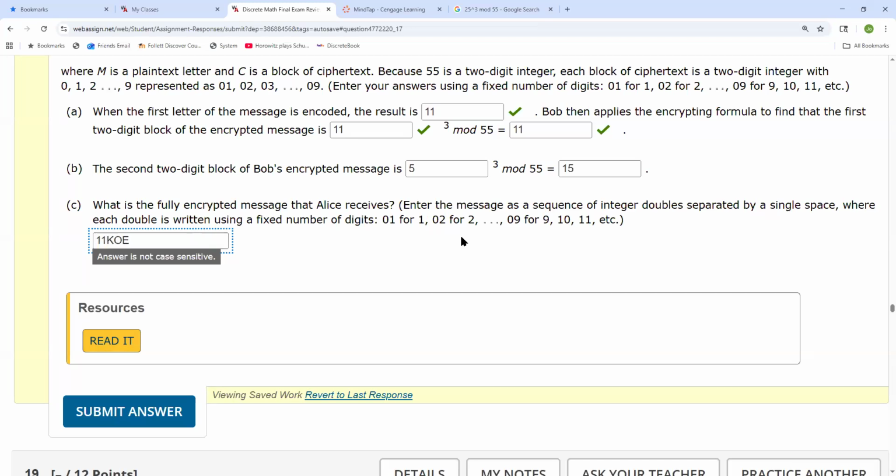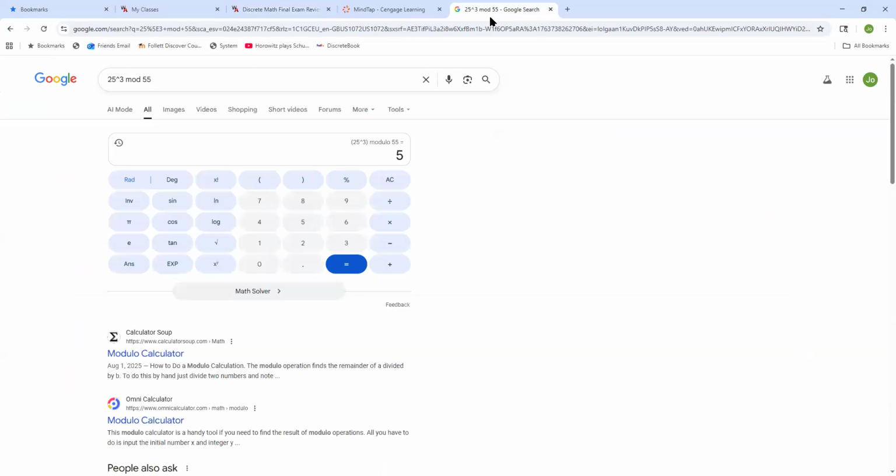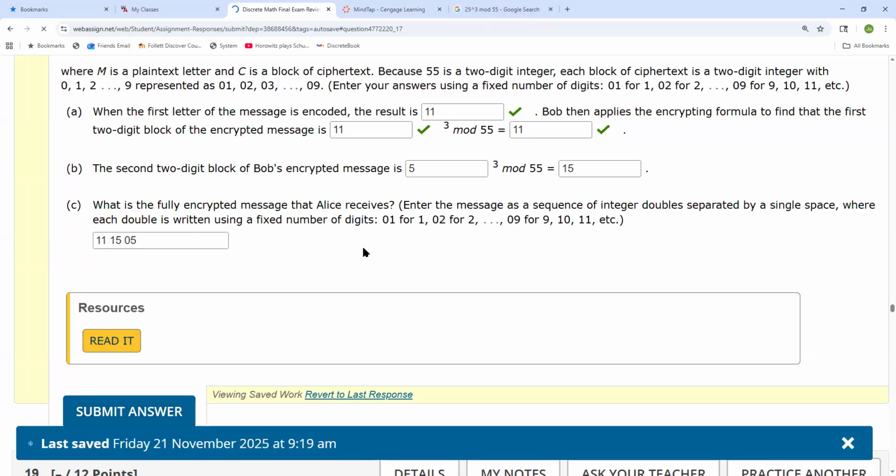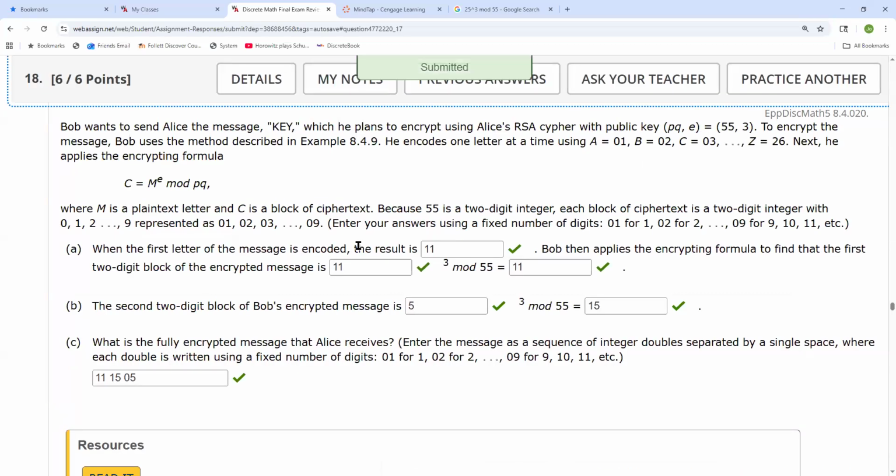So she receives 11, and then O, which was 15, and then 05, right? So that's what she receives. Except she would probably receive that as a word like co instead, but it didn't ask us to figure out the letters at the end. So 11, 15, and 05.